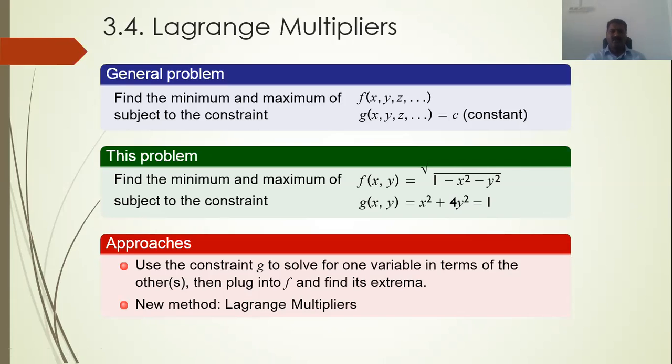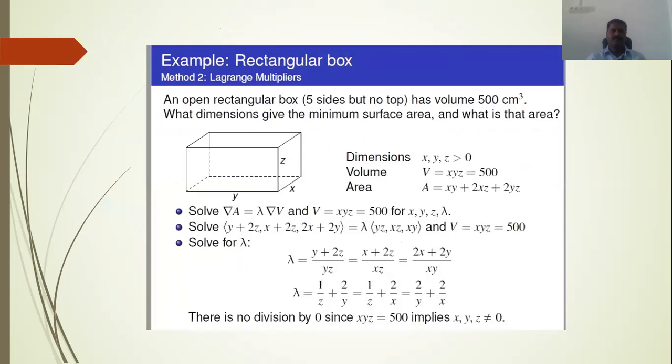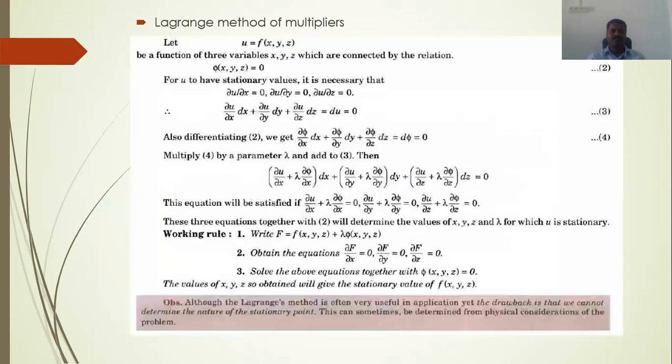What Lagrange says is construct a new function, capital F of x, y, z, combining these two functions, the objective function and the constraint. Then we can have the same approach that we used in our unconstrained way. Okay, so this is what we are going to do.